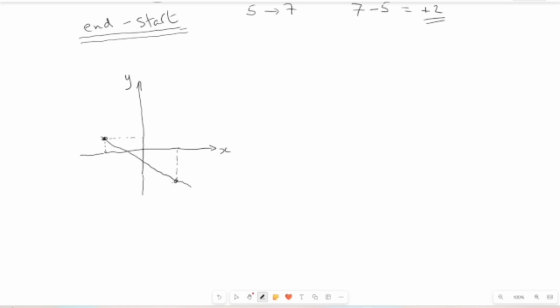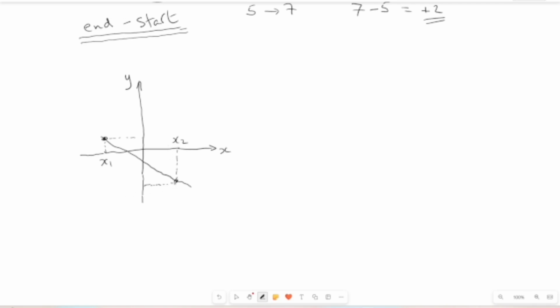We're going to end up with some minus signs here. So first thing to do is decide which one of these is x1 and which one is x2. Well, x1 is always the one on the left, so that's x1 there, and x2 is always the one on the right, so that's x2 there.